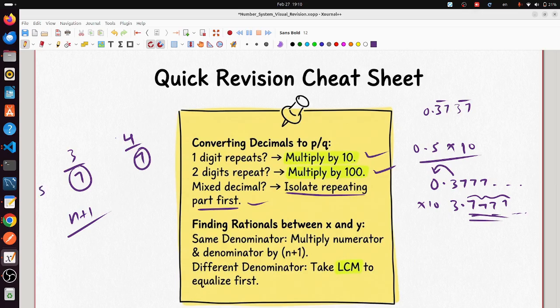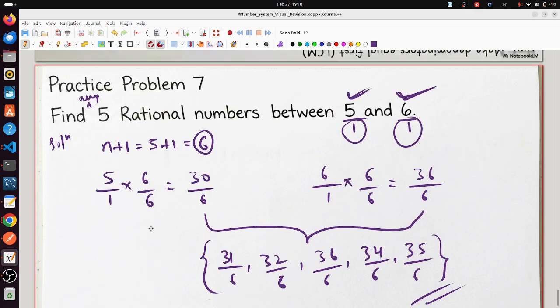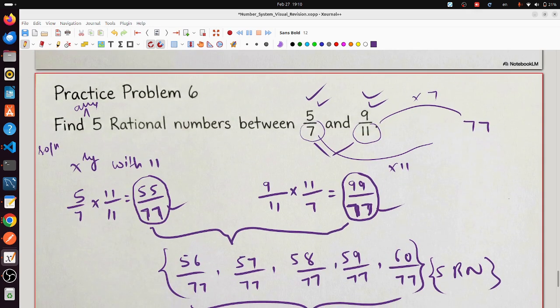If they ask for any 5 rational numbers, n plus 1 would be 5 plus 1 equal to 6. Like that we have shown. For different denominators, take the LCM to equalize first. That also we discussed in the previous problem. If we have different denominators like 7 and 11, we take the LCM and equalize the denominator.